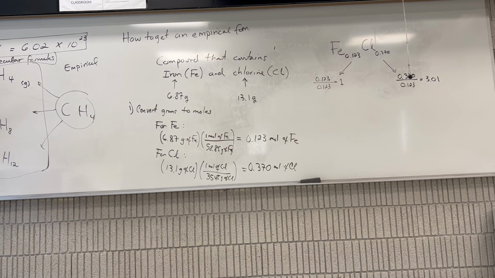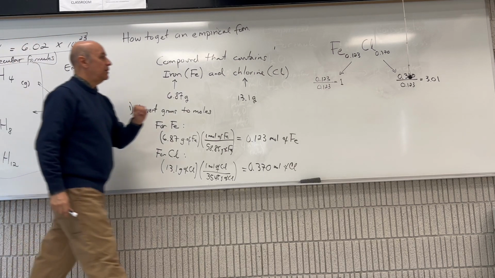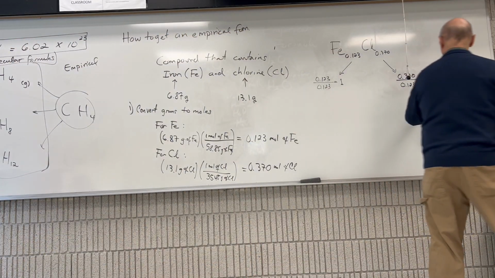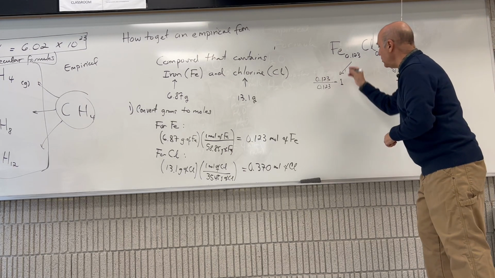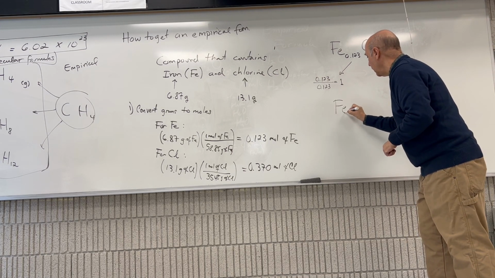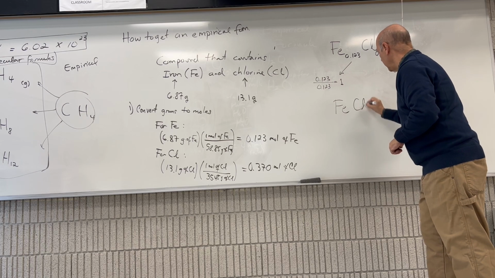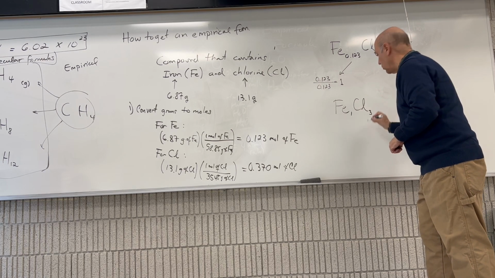It's going to give you an amount very close to the reality, but not exactly the reality. So what we can say here is that 3.01 is almost 3. It's quite close to 3. So we can ignore those 2 digits and just say that the ratio of iron to chlorine is 1 to 3.